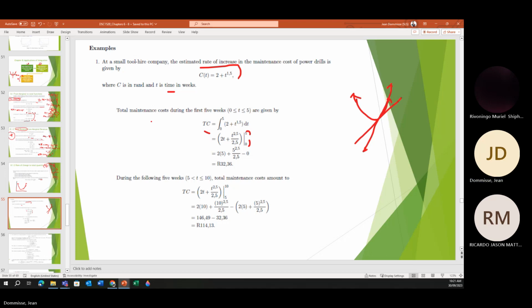So what they then said to us is, okay, but let's work out what the maintenance cost is during week 0 to 5. So you will see we use 0 to 5. The nice thing about the 0 is because we work with a T, that will nearly fall away.